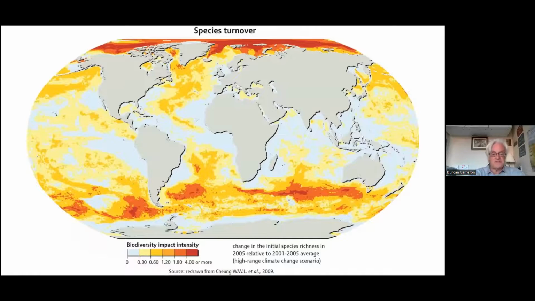Yeah, I'm just suggesting here ways of using this projection. This is a good map of the impact of climate change upon biodiversity in the oceans. And it shows that the impact in the Arctic and subantarctic is really, really powerful.